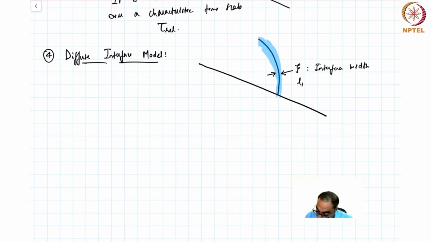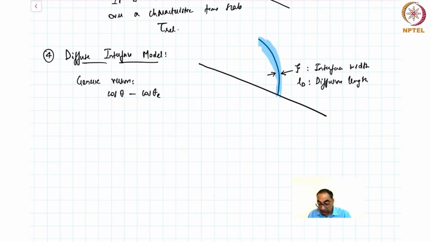There is another independent parameter called the diffusion length. These two parameters affect the motion of the contact line, and the generic version of this model is that the driving force, which is the difference in the angle between the apparent contact angle that you see and the equilibrium contact angle, is of the order capillary number times xi by LD. So this is the generic version of this model, and it's very popular with people doing numerical simulations particularly.